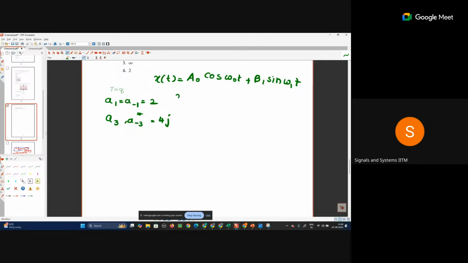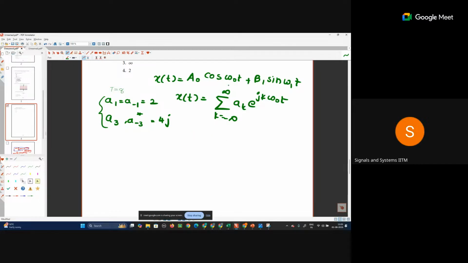Usually x of t can be represented as the sum over k from minus infinity to infinity of ak e power jk omega naught t, so the other coefficients will be 0.